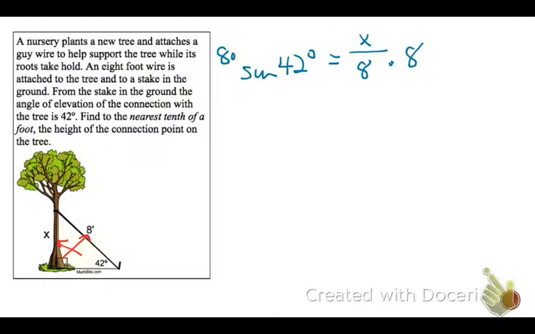Multiply both sides by 8. So on your calculator, you will take 8 times the sine of 42 degrees, which is 5.35 or 5.4 feet. So that's how high the connection point is on the tree.